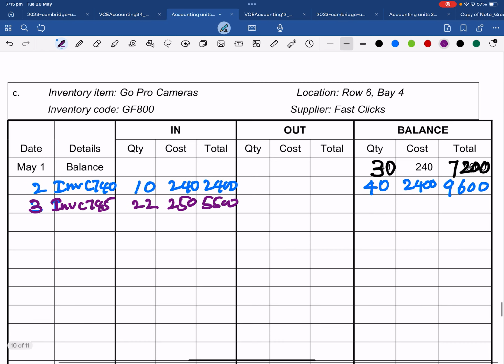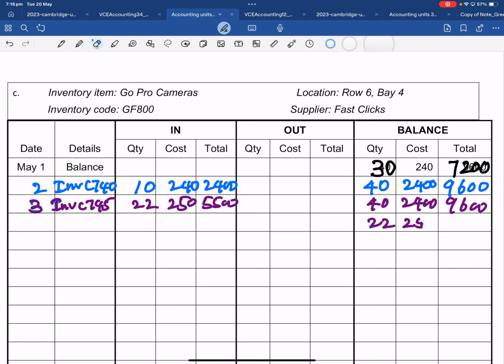Then we repeat the 40 at 240, and then you record 22 at 250. Sorry, I made a mistake here. It should be 240, not 2,400. 22 at 250, which is 5,500.